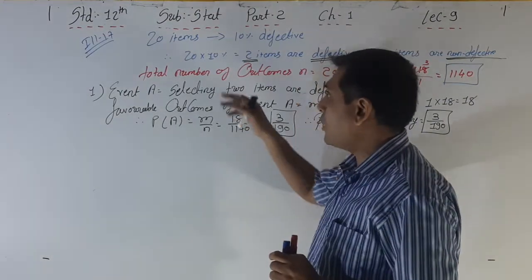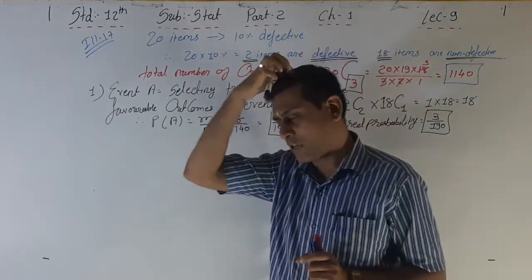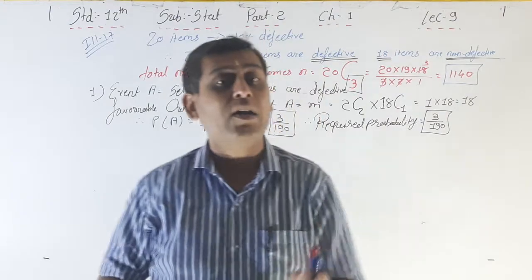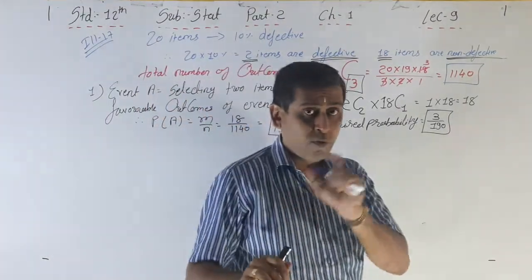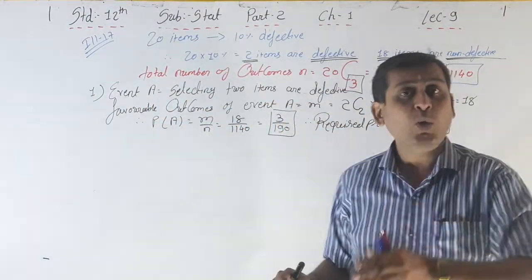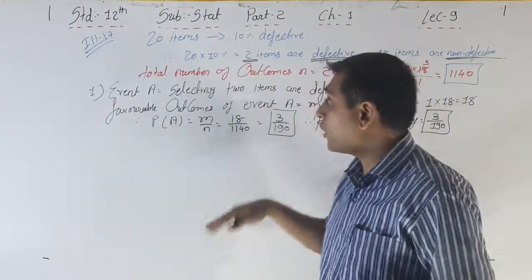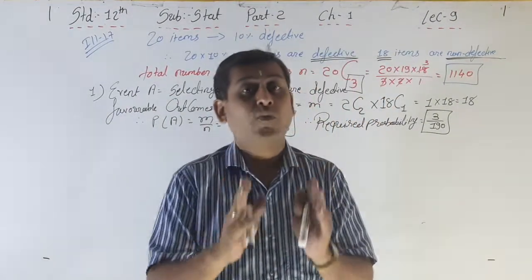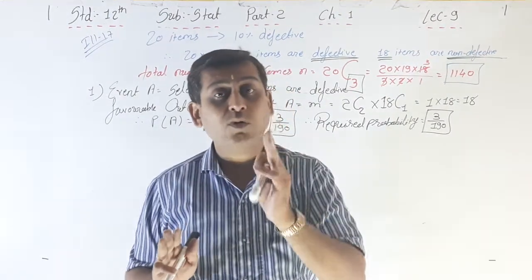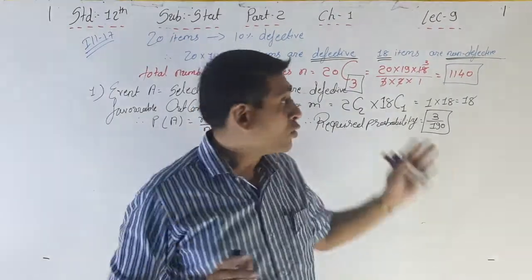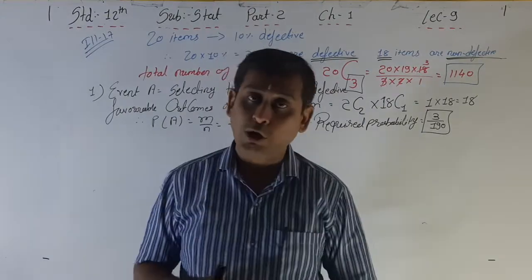Here, in the question, 20 items, 10% are defective. That's why 2 are defective and 18 are non-defective. First one is indirectly said, 2 are defective and 18 are non-defective. In the second, total number of outcomes is given. From those 20 we have to select 3 compulsorily. So total number of outcomes is 1140.